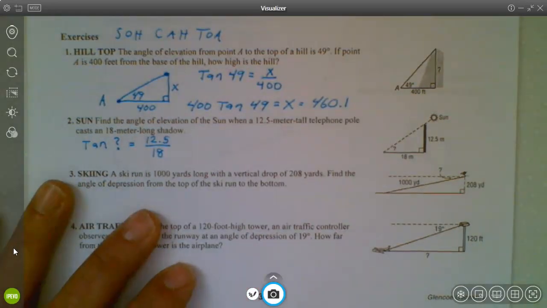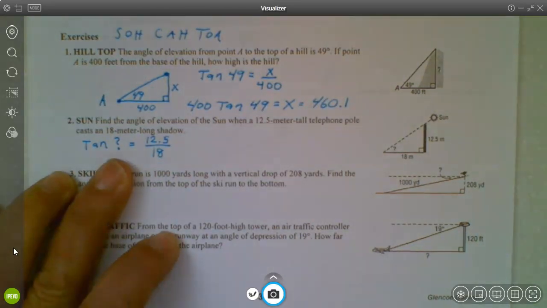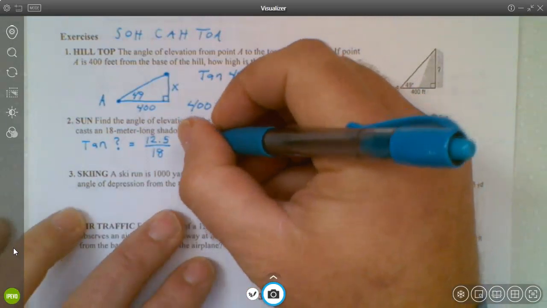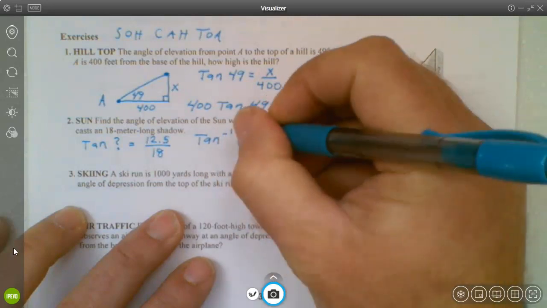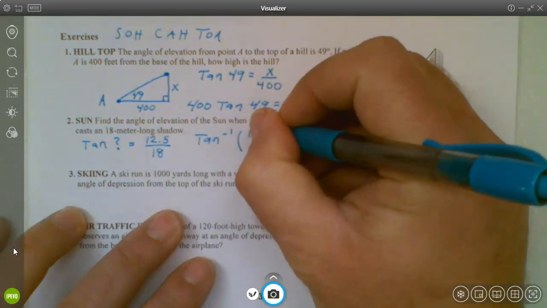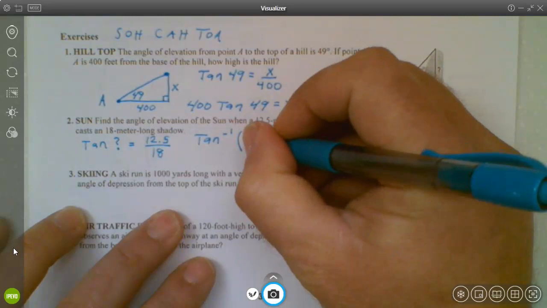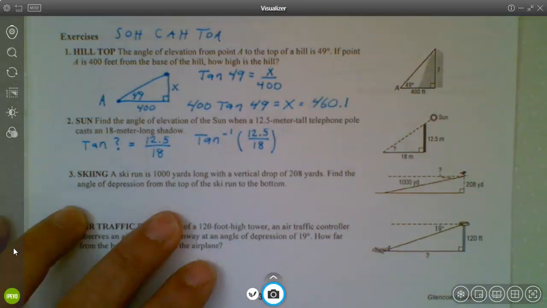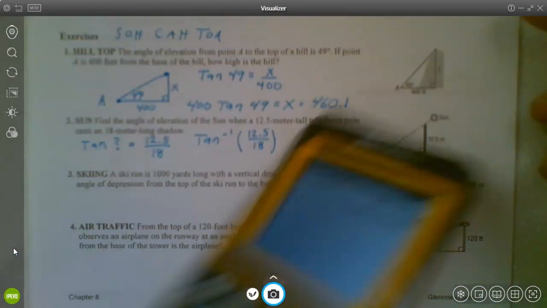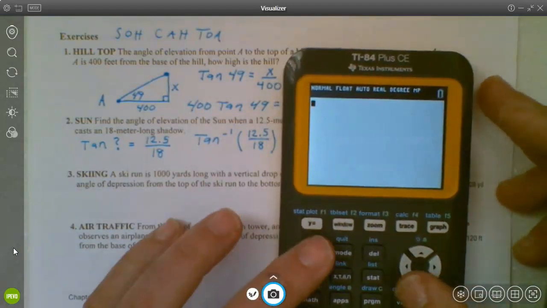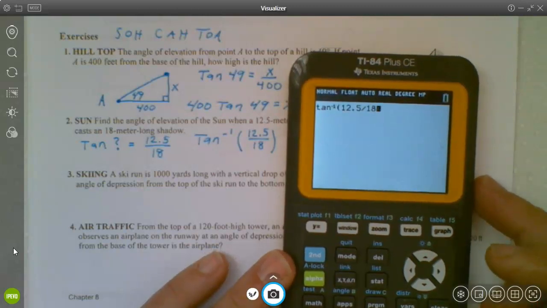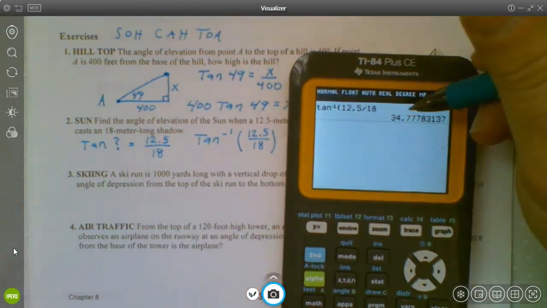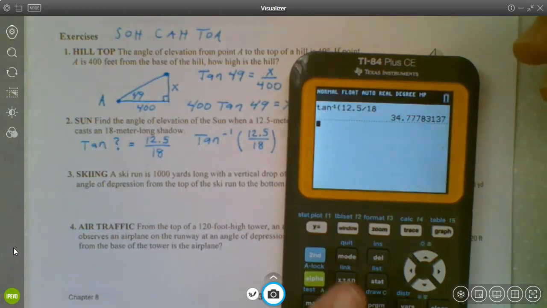So there's our setup, and as you guys have learned in our previous lesson, whenever I'm looking for an angle, I know I need the inverse trig function to do it. So that's what's going into the calculator. And there's our missing angle, 34.8 degrees.